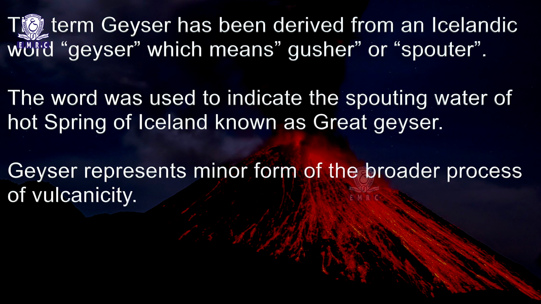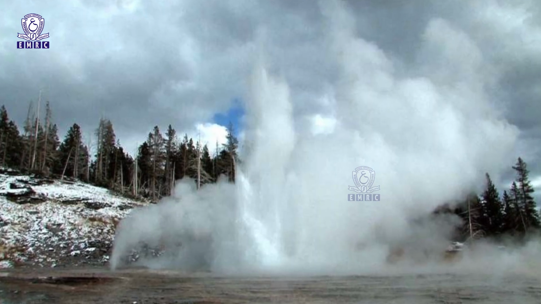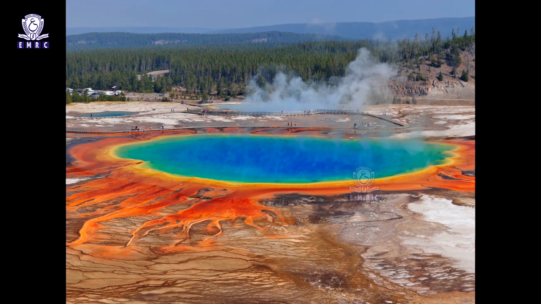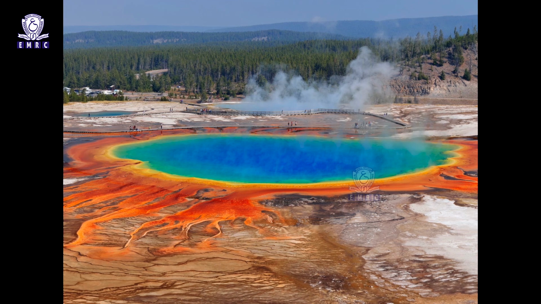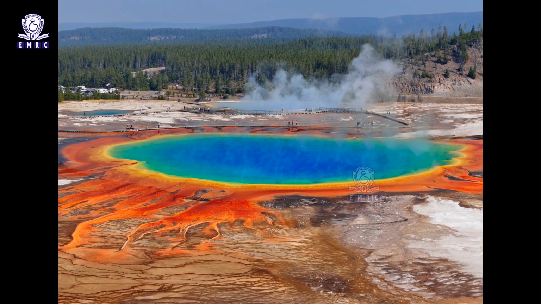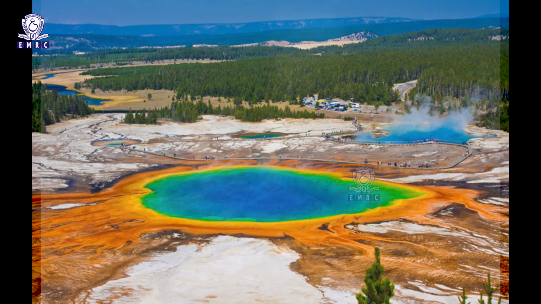Geyser represents a minor form of the broader process of volcanicity. Geysers are mostly found in Yellowstone National Park in USA. The Old Faithful Geyser in Yellowstone National Park in the state of Wyoming in USA is most well known for its regularity of eruption.